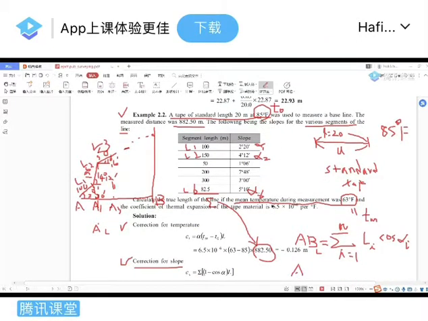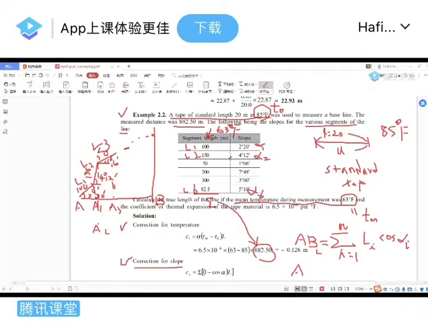The measurement is done under this condition. So all this data comes from the measurement done in the field, and all this data is obtained at a temperature of 63 degrees Fahrenheit.